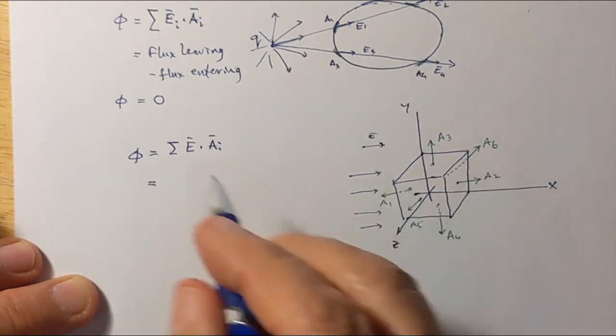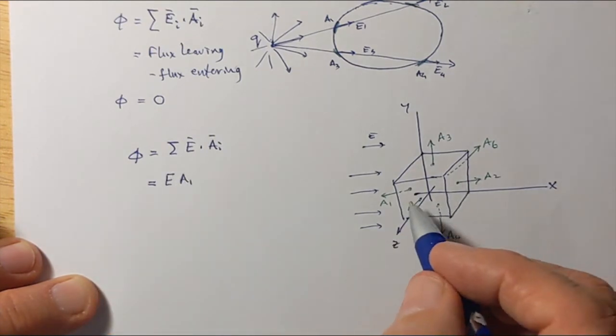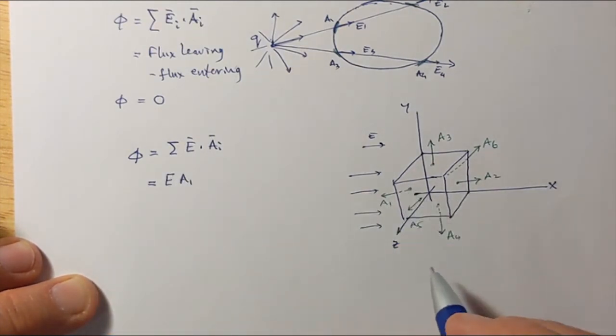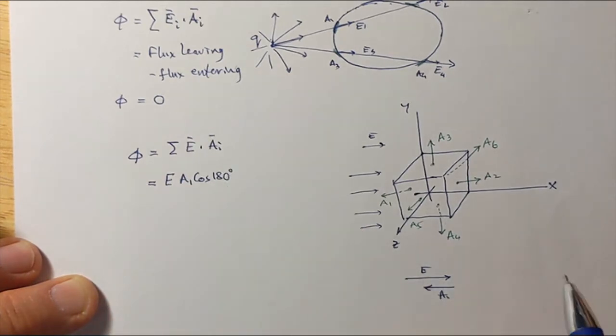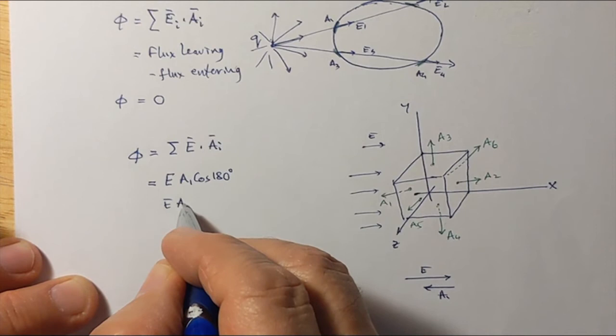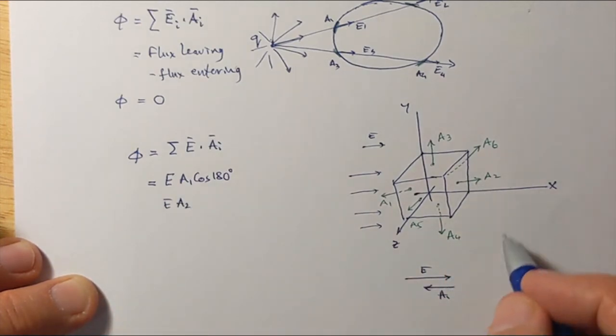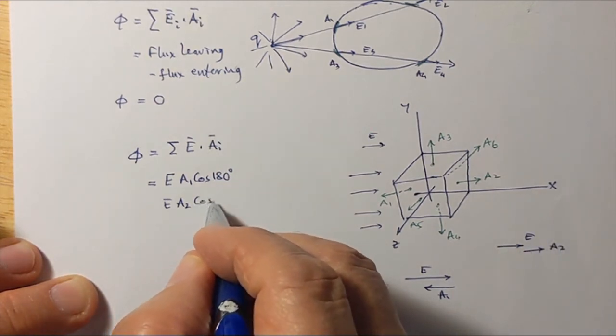Then for A1, it's going to be E A1 cosine theta, and in this case, theta is going to be, well, E is like this and A1 is like this. So the angle is 180 degrees. And then we do E times A2, and E is to the right and A2 is also to the right. So they are parallel, so it's cosine of 0.